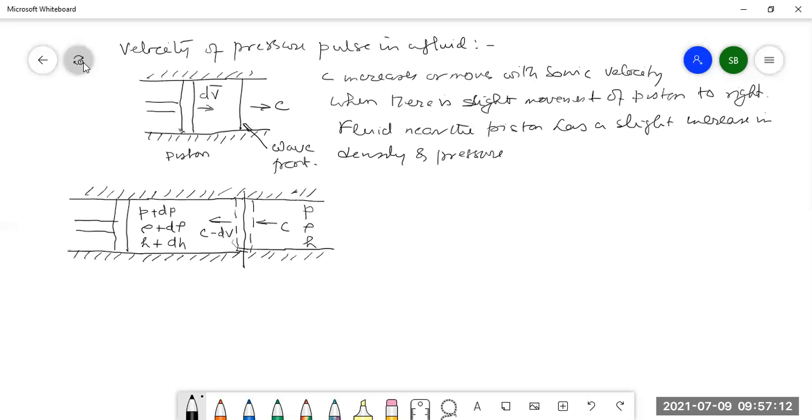Now, an observer will be assumed to travel with the wave front to the right. Here we have, say, an observer here. He is traveling with the wave front to the right with the velocity, the sonic velocity C itself.